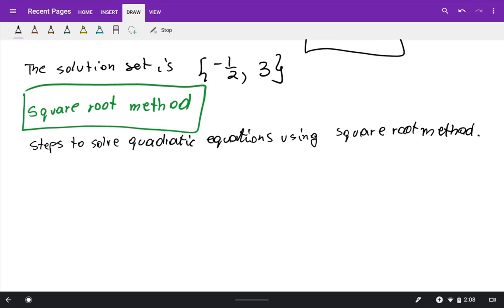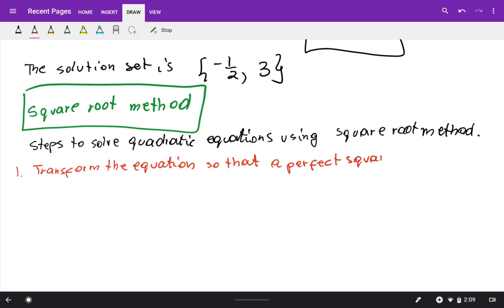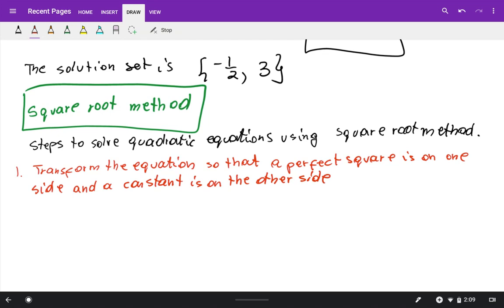Okay, so step 1. Transform the equation so that a perfect square is on one side, usually in my case on the left, and a constant is on the other side of the equation.